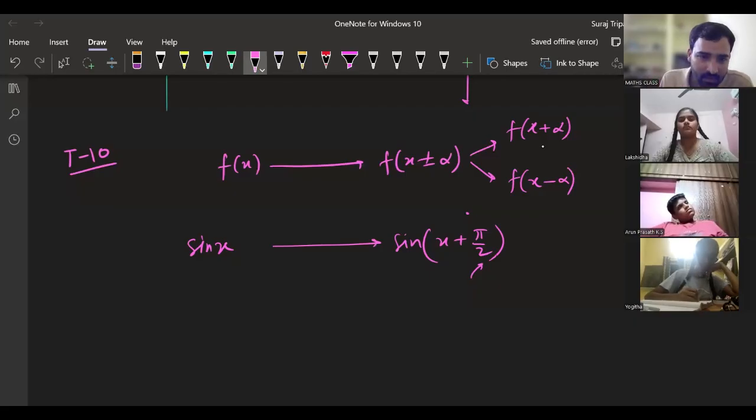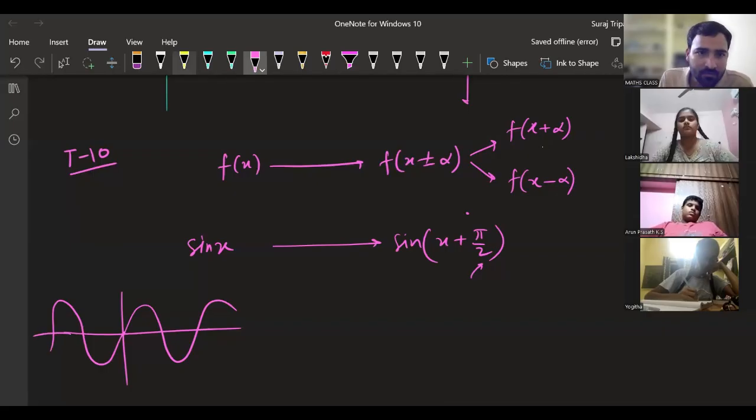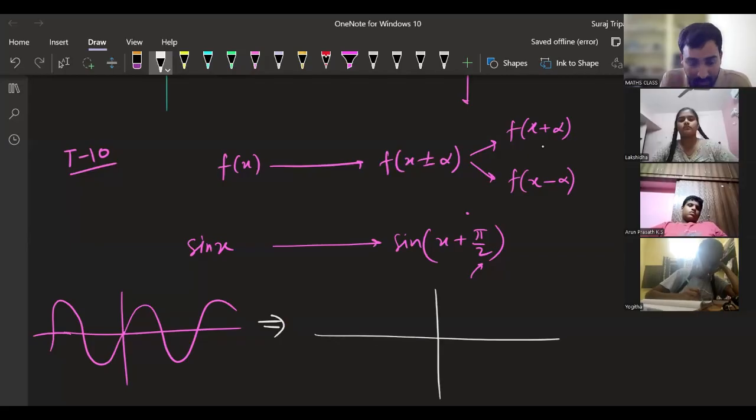The original graph is this one, your sin x. Now this transformed graph will be like this one. We have to shift this entire graph by the number pi by 2.